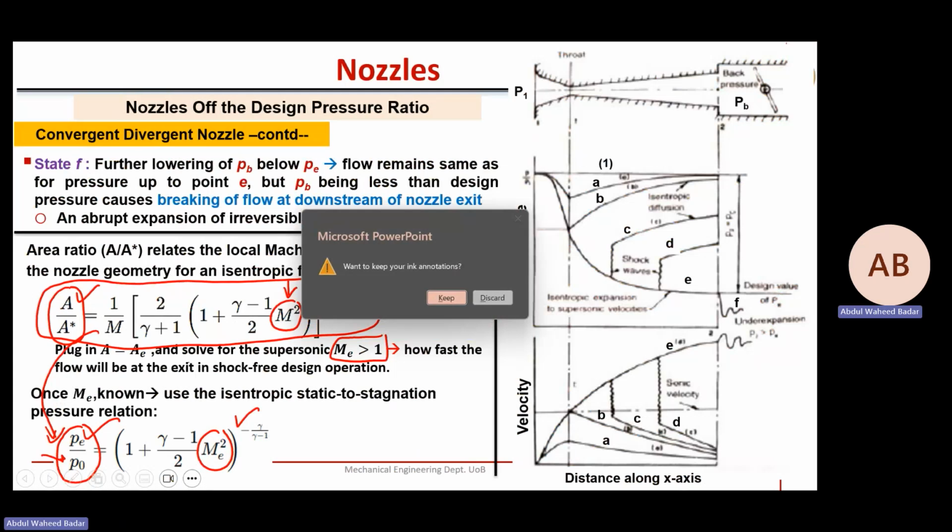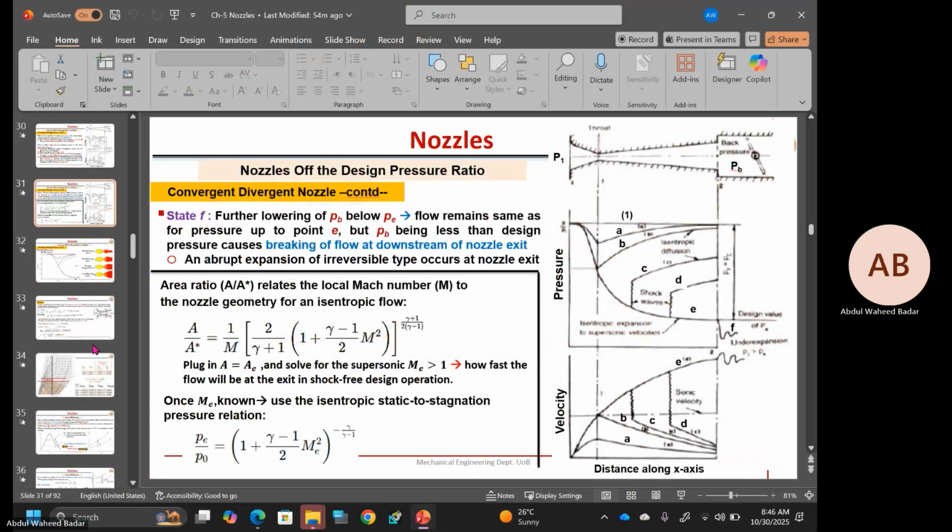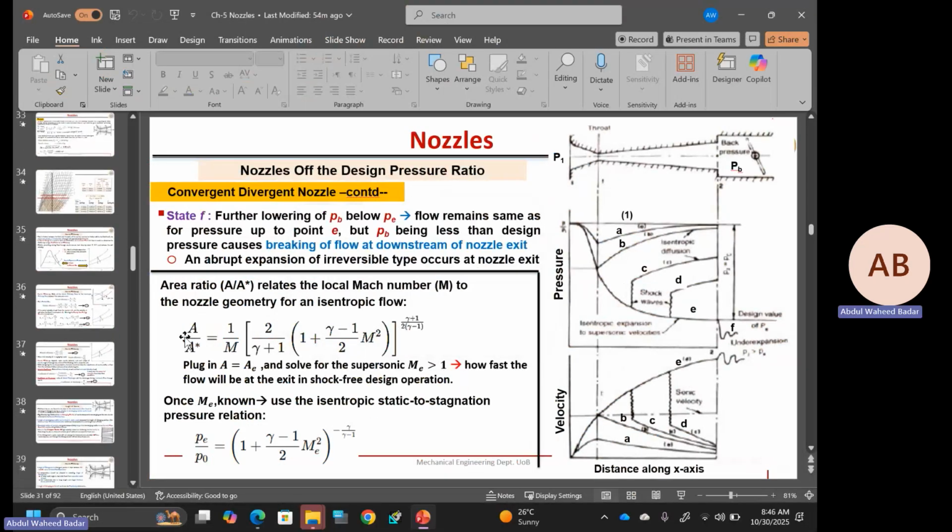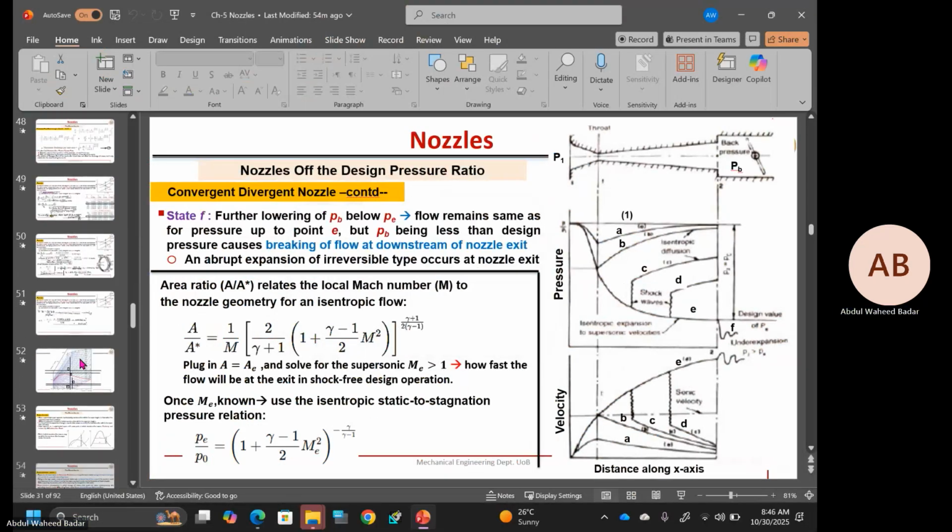Or the exit pressure is given, what should be the inlet one to have smooth flow? So that is first, the area to reach that Mach number, whatever we want. Second one, the pressure for no shock. Yes, exactly. Okay, just for your info, it's not a part of your course.